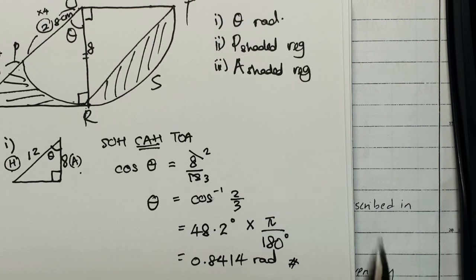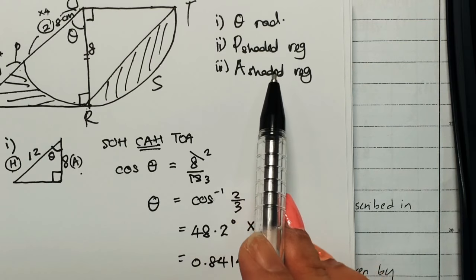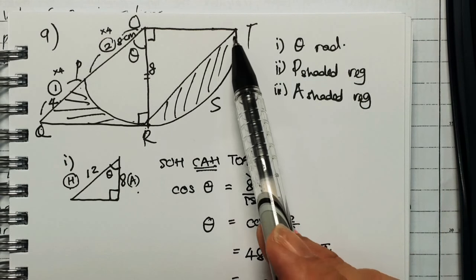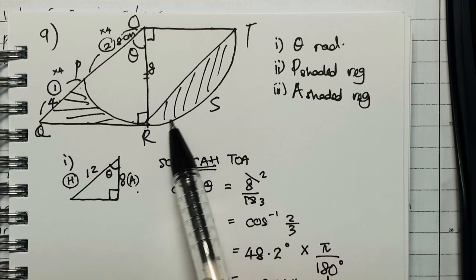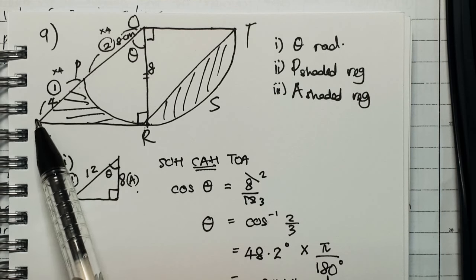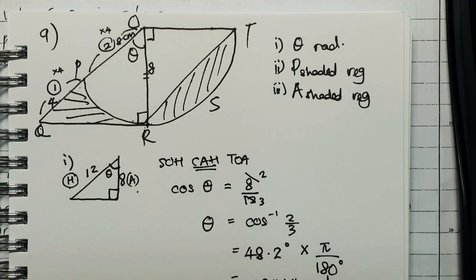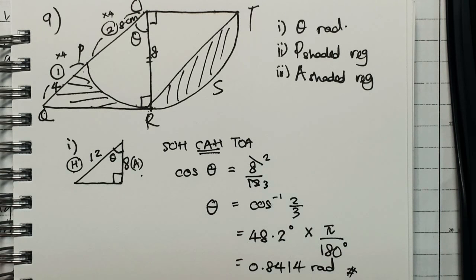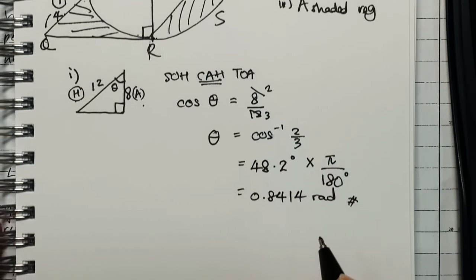Next, we need to find the perimeter of the shaded region. So our shaded region basically is this one and this one. Now, there are a lot of things to calculate, so let's write down what we want first.